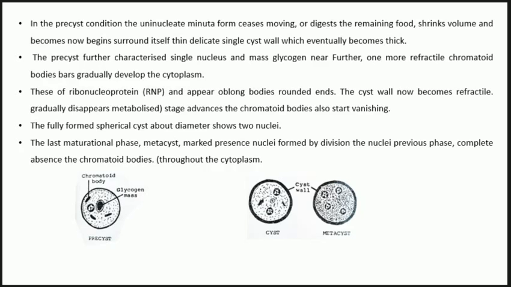That we will see in the life cycle. So this was about the morphology and habitat of Entamoeba histolytica. In the next lecture we will talk about the life cycle. Thank you.